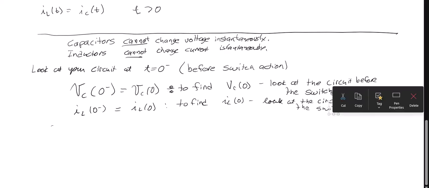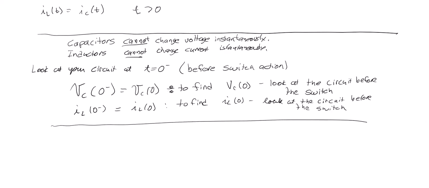So what about IC of 0 or VL of 0? Those can change. Those can be different at 0 than they were before the switch. They can jump. They can have a discontinuity.